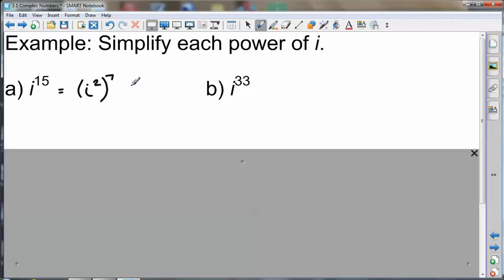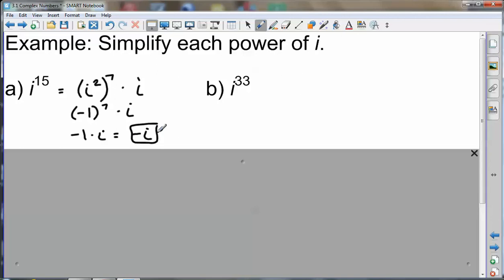That accounts for 14 of my I's, so we have 1 left. I squared is negative 1, so this is negative 1 to the 7th power times I. If you take a negative to an odd power, is it positive or negative? Negative. So this is negative 1 times I, so my final answer is just negative I.